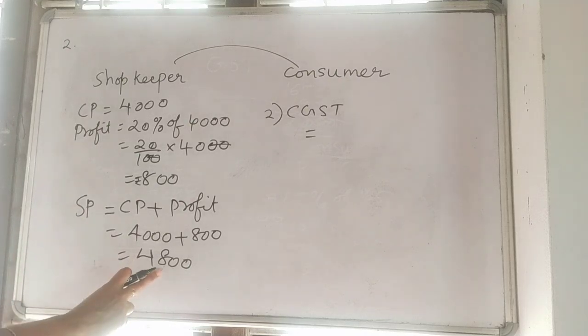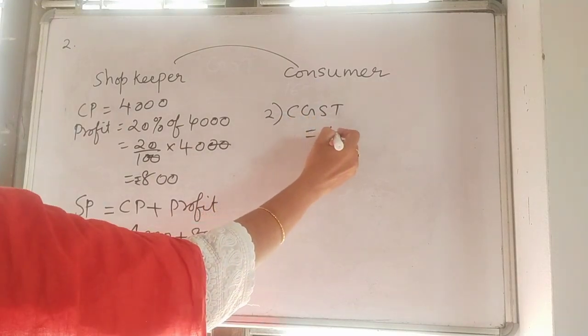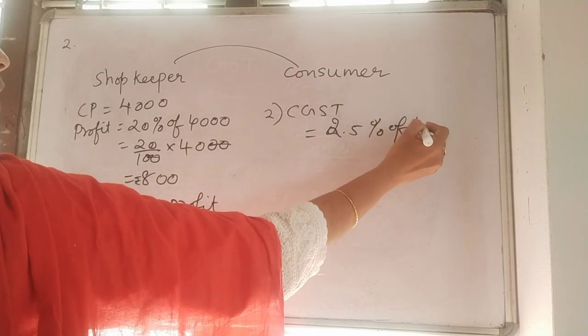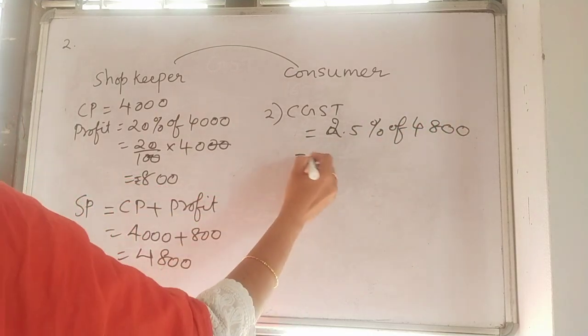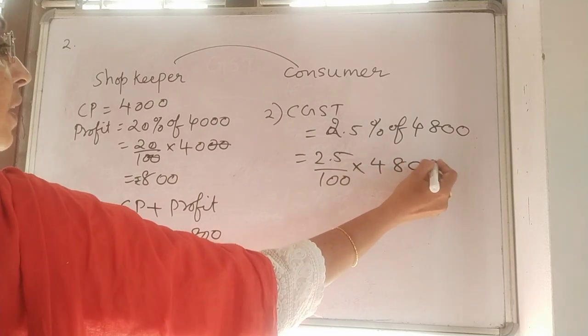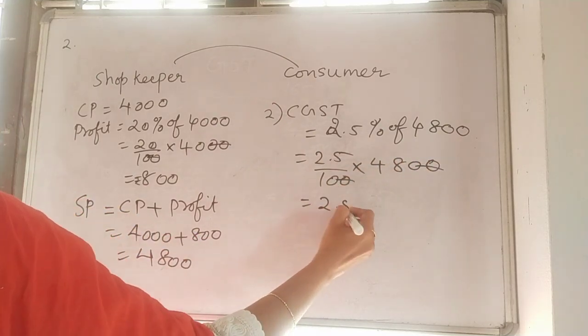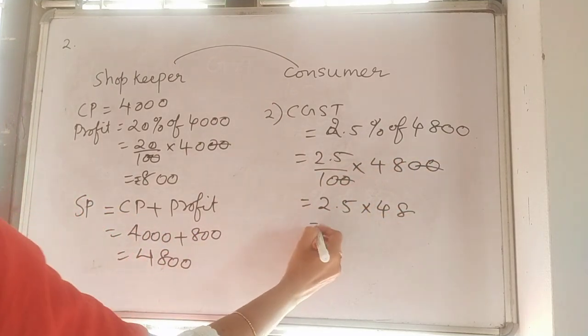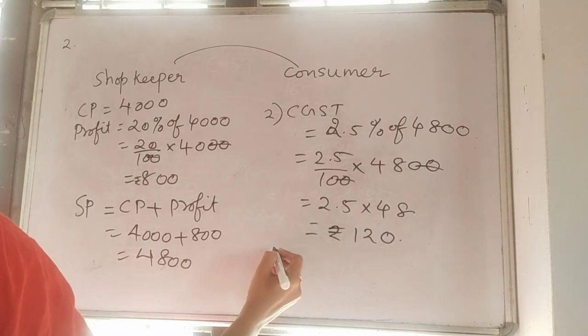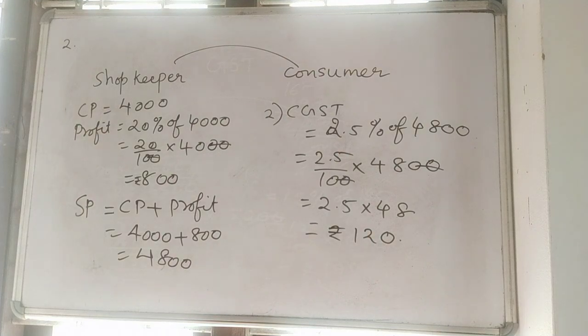Selling price is 4,800. So CGST will be 2.5% of 4,800, that is 2.5 by 100 into 4,800. So cancel this, it will be 2.5 into 48, which is equal to rupees 120. And the same case for SGST also.